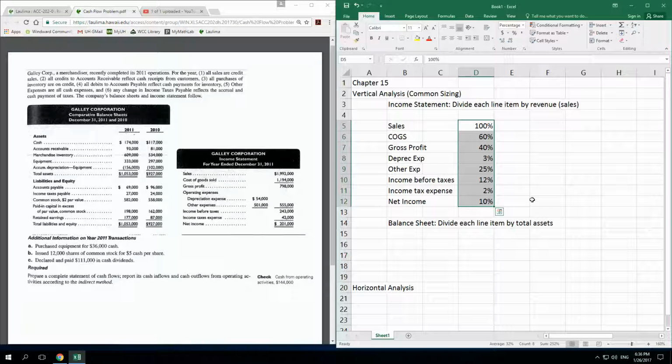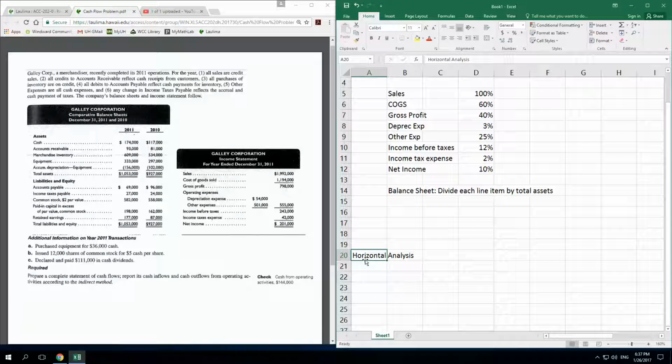You can say, well, Microsoft's cost of goods sold is 60% of its revenue, whereas Chipotle's cost of goods sold is 35% of its revenue. You can analyze companies of different sizes that way, and that's why they call it common sizing. This is a common size income statement. But the key is divide everything by sales.